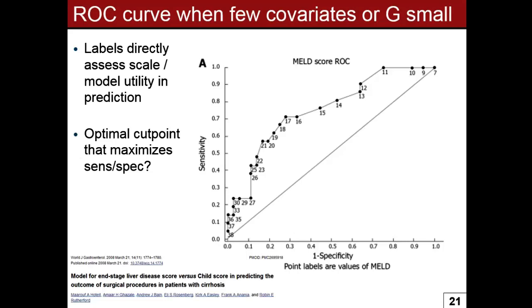Single X variable, okay? And there was nothing else in the model in this picture. And the outcome is a surgical outcome on people getting liver surgery. And this is a score of how sick their liver was. Okay, so here's a score as the X variable, continuous X variable, and we're predicting surgical outcome.